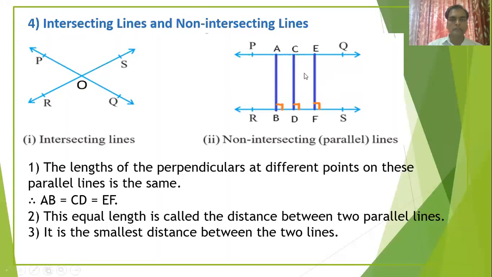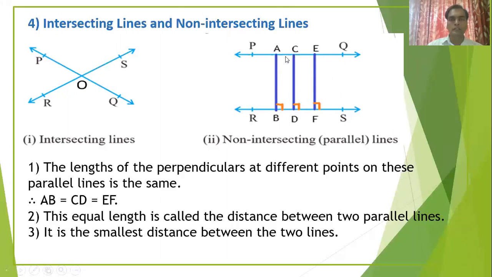The second figure is about non-intersecting lines. The other name is parallel lines. Here the line PQ and line RS are not intersecting, meaning they are not meeting each other.